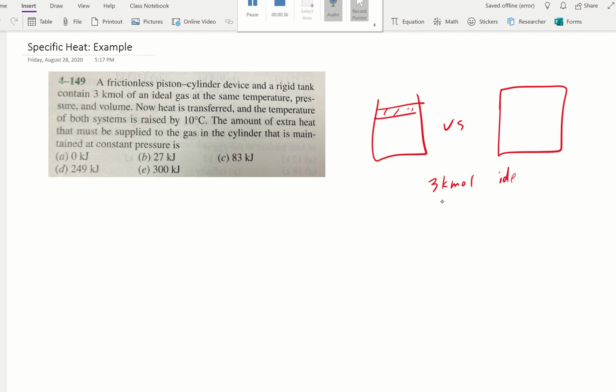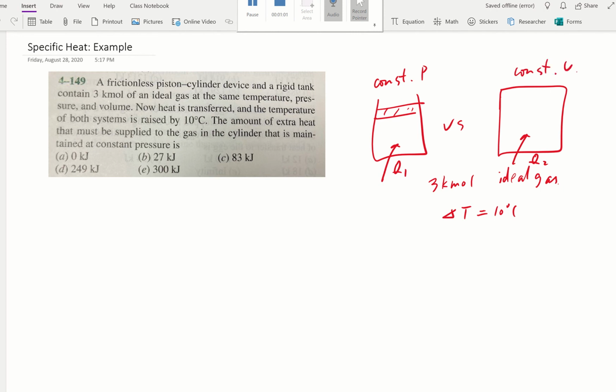So we don't know what that is, right? And then they all rise by 10 degrees Celsius. There's heat coming here and there's heat coming here. That's Q1, Q2. Actually, this one is at constant pressure and this one is constant volume.